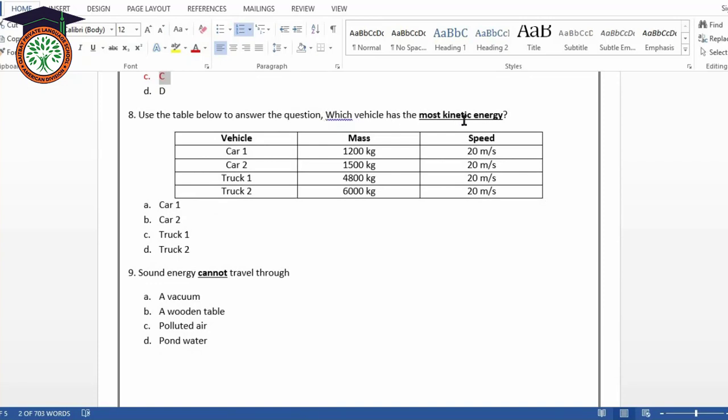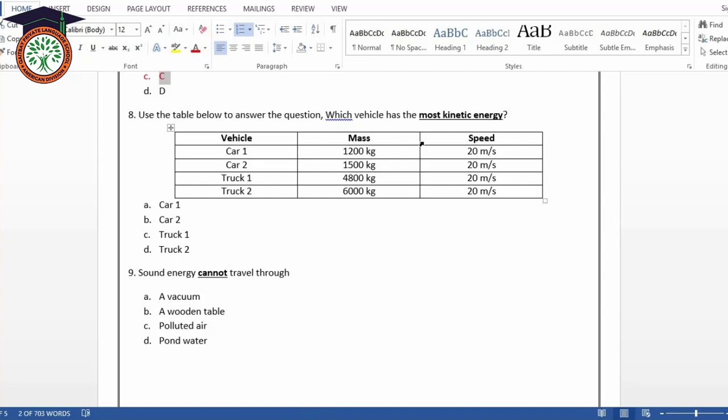Use the table below to answer the question, which vehicle has the most kinetic energy? So we have 4 vehicles here, car 1, 2 and truck 1 and 2, and each one of them has a mass and speed. So we need to know which one of these vehicles has the most kinetic energy. We know that there are 2 factors affecting it, the mass and speed.